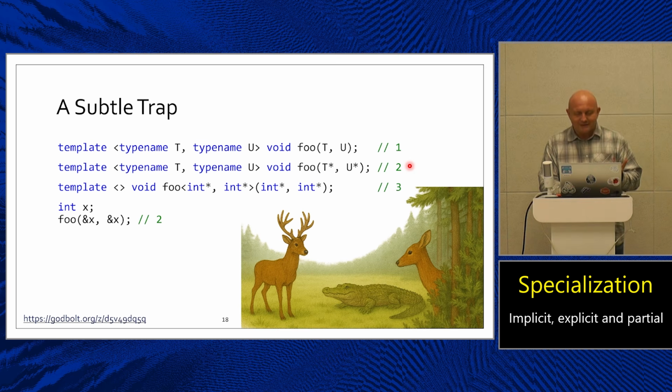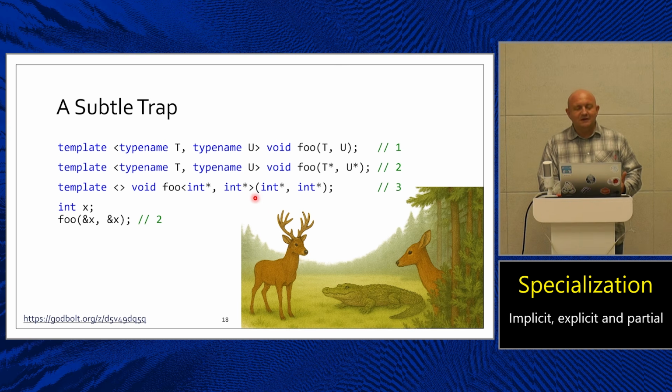And why is that? Let's go back to our clearing. The female deer arrives and sees 2 animals, a deer and a crocodile. And she cannot be a specialization of the crocodile, which is template number 2, because her signature is not exactly the same as his.